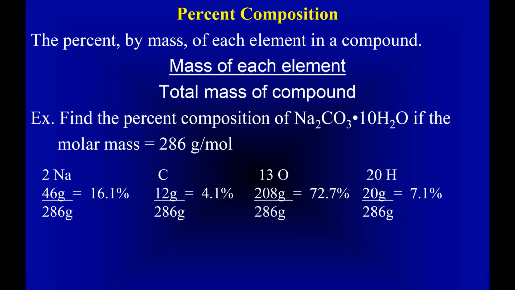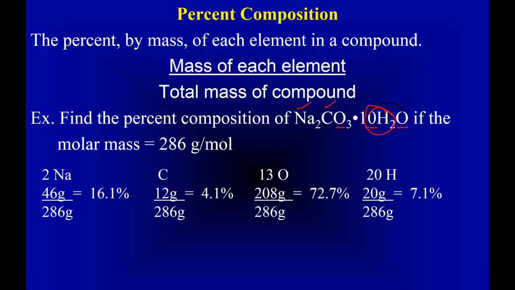You got to distribute the 10, and you got to distribute to the hydrogen. So we have a total of 13 oxygens. From there, we have a total of 20 hydrogen. We have 1 carbon and 2 sodiums. Okay, when you total that up, the mass that you get for that is 286 grams per mole.